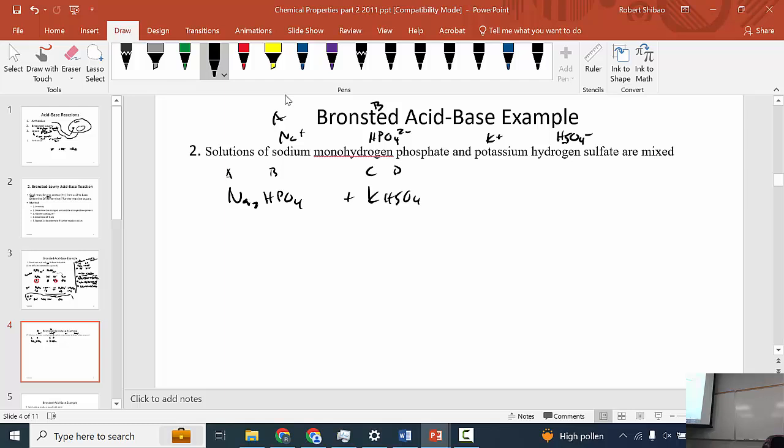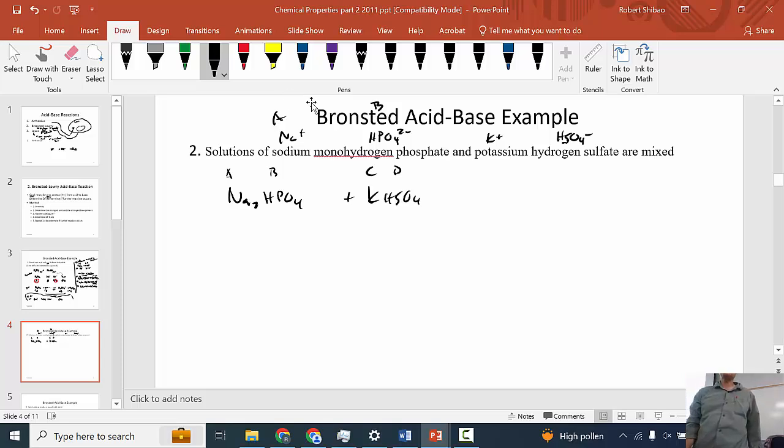Is B phosphate or is B monohydrogen phosphate? The only reason I'd knock off that hydrogen is if B were a strong acid. Is HPO4 2 minus a strong acid? No. And if it's not a strong acid, you leave the hydrogen on there.